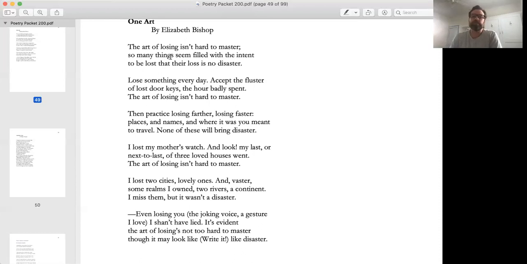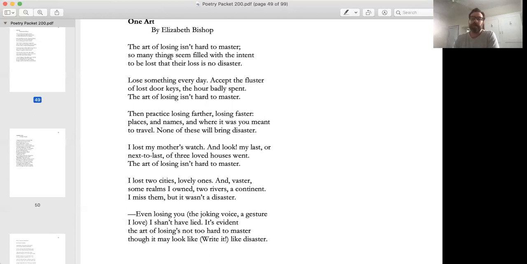The art of losing isn't hard to master. So many things seem filled with the intent to be lost that their loss is no disaster. Lose something every day. Accept the fluster of lost door keys, the hour badly spent. The art of losing isn't hard to master. Then practice losing farther, losing faster: places, and names, and where it was you meant to travel. None of these will bring disaster. I lost my mother's watch.